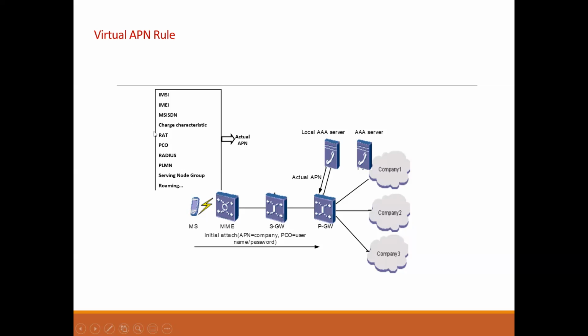For example, the 2G, 3G user should be assigned a different APN, and the 4G user is assigned a different APN. And you can do it based on your PLMN, your serving group node, roaming. So there are multiple options available based on which you can map your virtual APN to a specific actual APN, depending on your requirements and your traffic optimization.